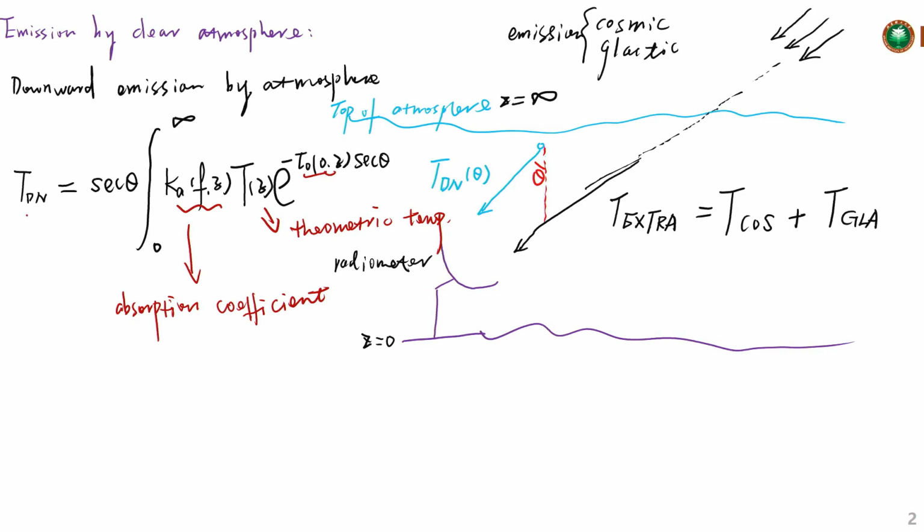From this equation, we can see that the emission by the atmosphere is highly related to the absorption coefficient. That means if the atmosphere's absorption is very high, its emission is very high also. They are not strictly proportional, but they have a positive relationship.